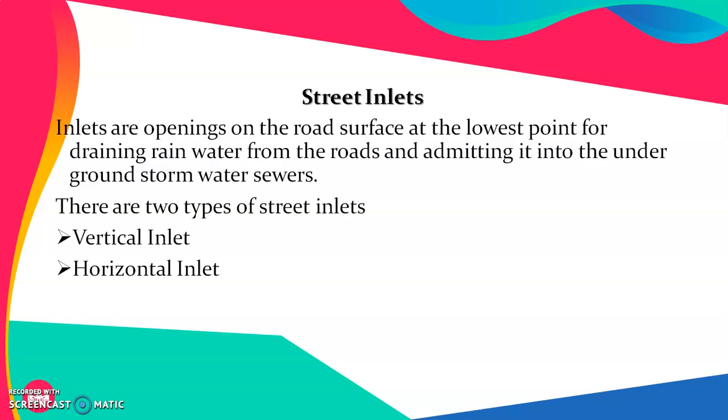Street inlets. Street inlets are the openings on the road surface at the lowest point for draining rainwater or storm water from the roads and admitting it into the underground storm water sewers. They generally have 2 to 3 types. They can be a vertical inlet, a horizontal inlet, or, nowadays, a modification in the form of a curb inlet.